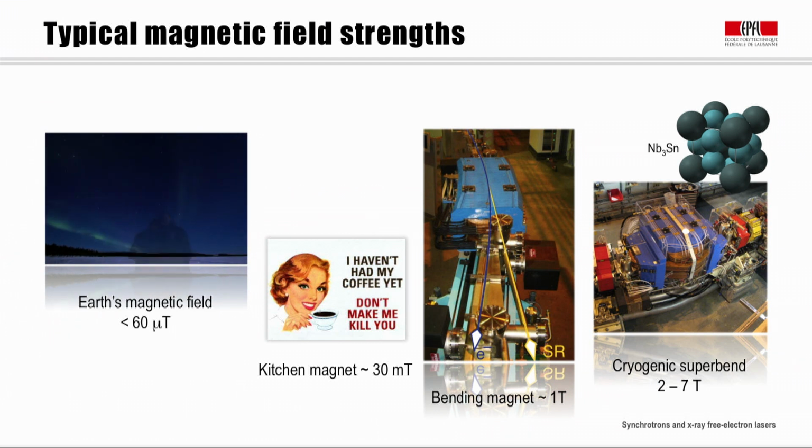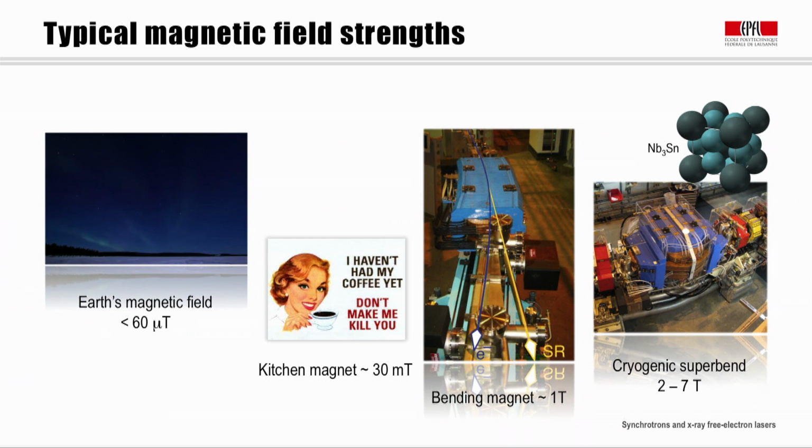Significantly high fields can be achieved using cryogenically cooled superconducting intermetallic compounds, such as niobium-3 tin, shown here, which needs to be cooled to less than 18.3 degrees Kelvin, above absolute zero, in the form of coil windings in superconducting bending magnets, or superbends.